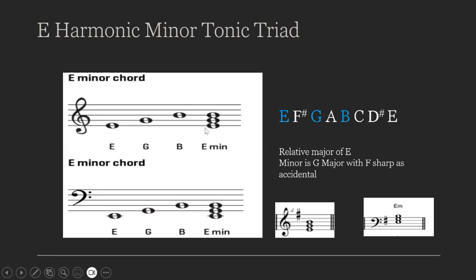But it's not complete. This is only going to be correct if the question says, write a tonic triad of E minor with accidental. With what? Accidental. If it is with accidental, you need to look for where a note falls on F. If you have a note on F, then you sharpen. But because there is no note falling on F, we are not going to sharpen it.